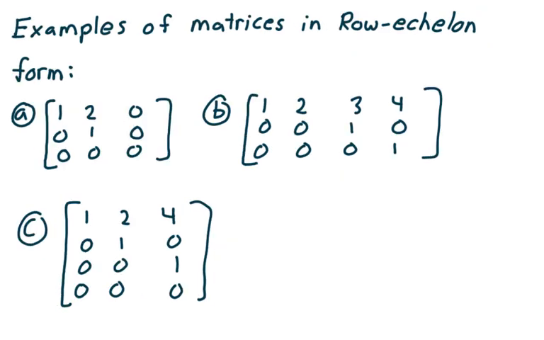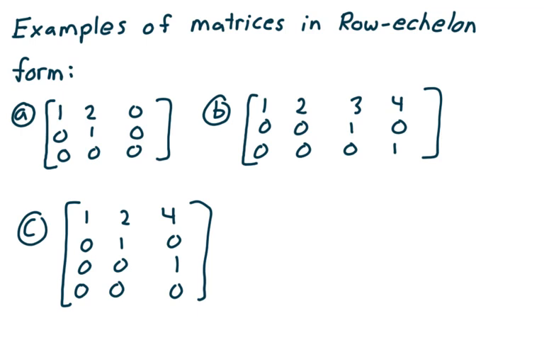Here are some examples of matrices that are in row echelon form. A is a 3 by 3 matrix where the first row is 1, 2, 0, the second row is 0, 1, 0, and the third row is 0, 0, 0. Notice how the row of zeros occurs at the bottom of the matrix. That's condition 2.